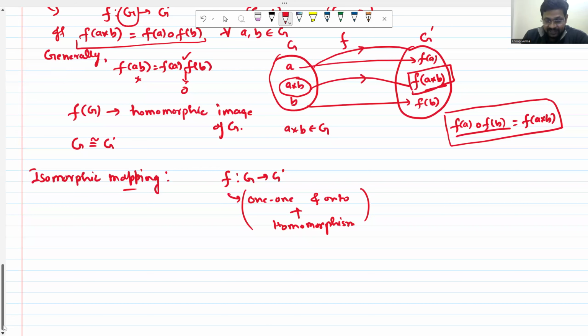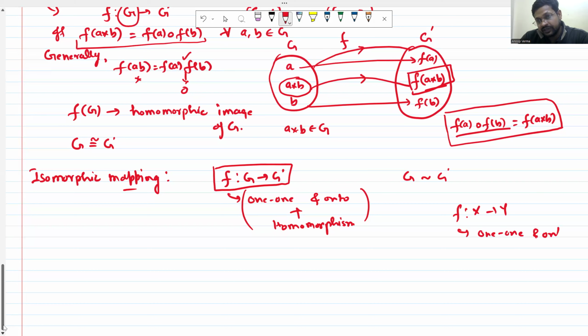So here this is represented: if G is isomorphic to G dash, we simply write it like this. And this is a very important condition. If a group G is isomorphic to G dash, and one thing we know, if there is an f from x to y, and it is bijective, meaning one-to-one, it means that the cardinality of x is equal to the cardinality of y.